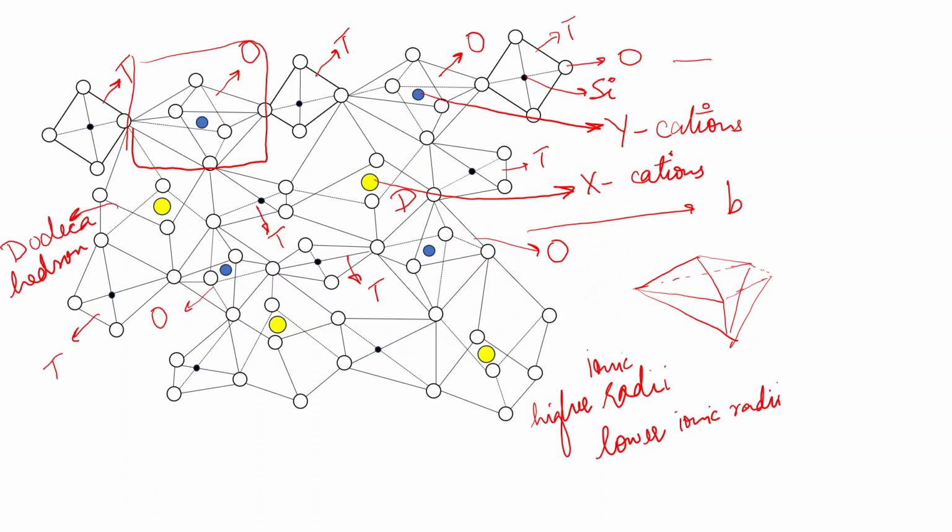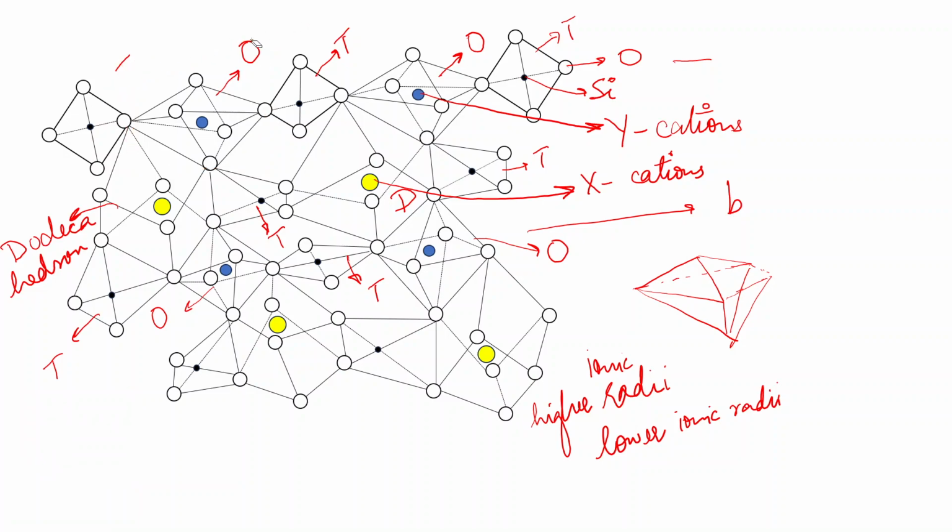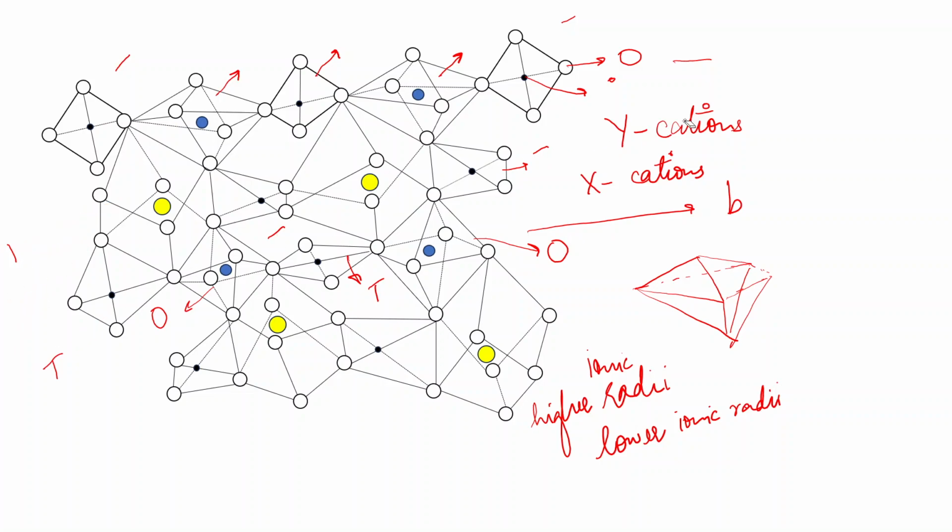So, if I simply remove the other things over here, so now I hope that you will be able to understand how this structure is formed. Just remember how the alternating tetra and octahedrons are placed.